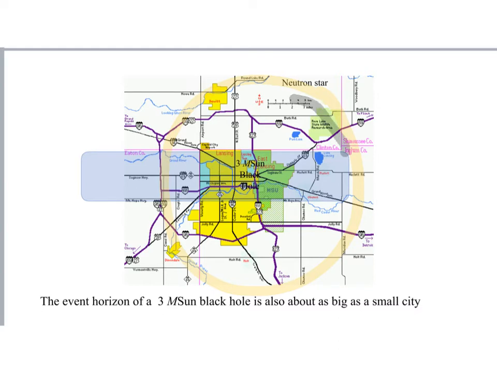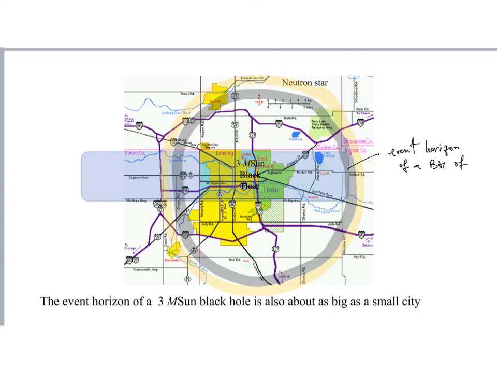The event horizon of a black hole of mass m, about 3 times the mass of the sun, is going to be just a little bit smaller than a neutron star of close to almost 3 solar masses. So, as big as a small city, just a little bit tinier than that.